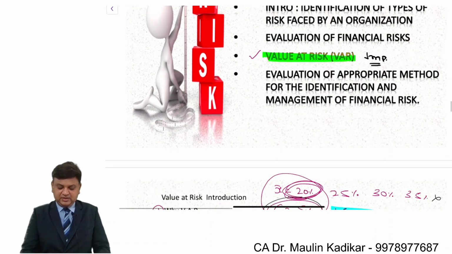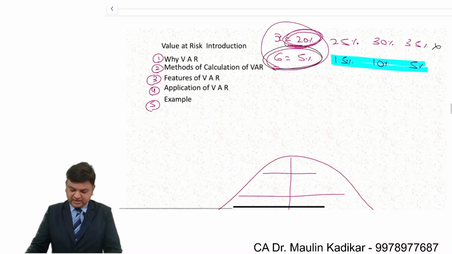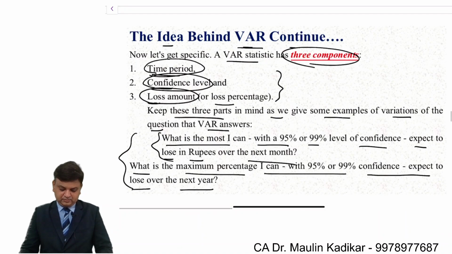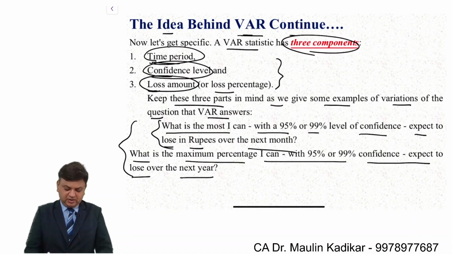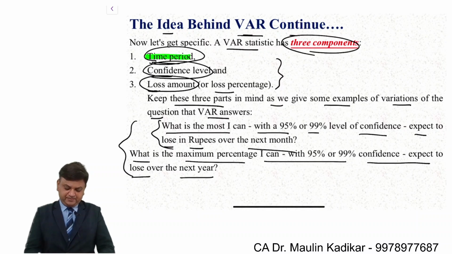VAR, this concept has been tested a number of times in examinations, not less than 4 to 5 times. In that we have a very good concept. The important thing I am discussing is that VAR is measured for a specific time period.